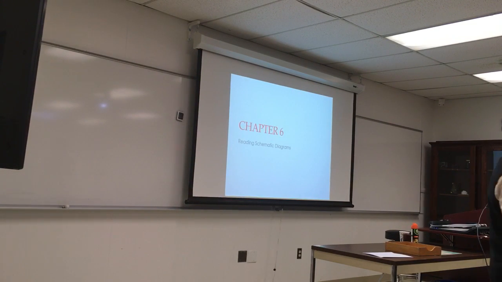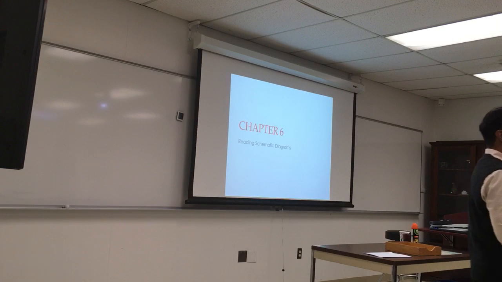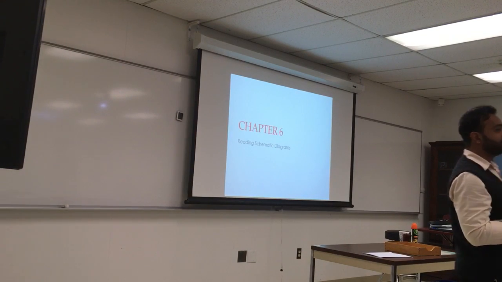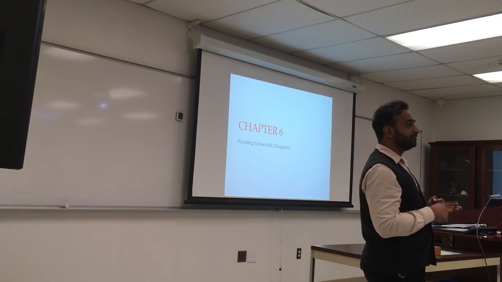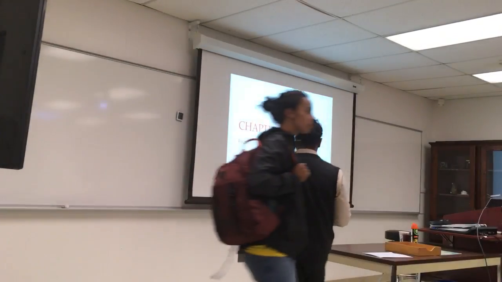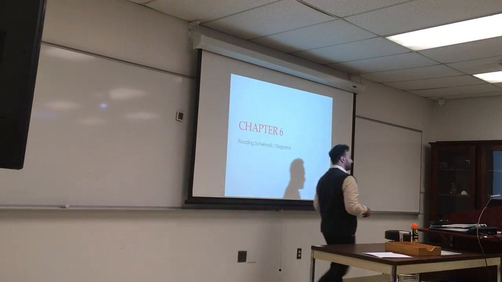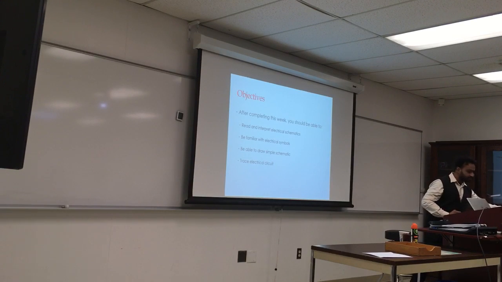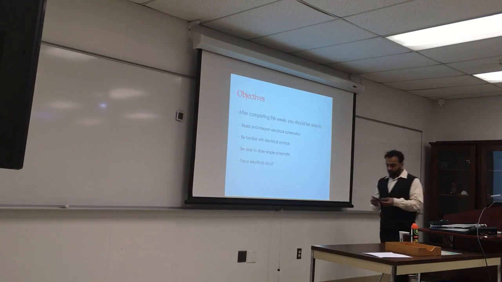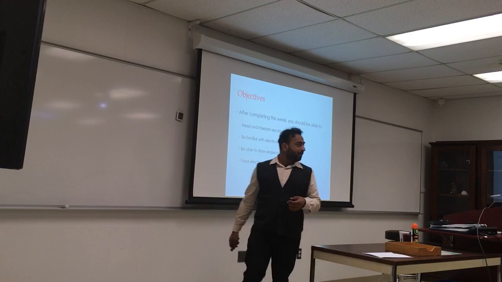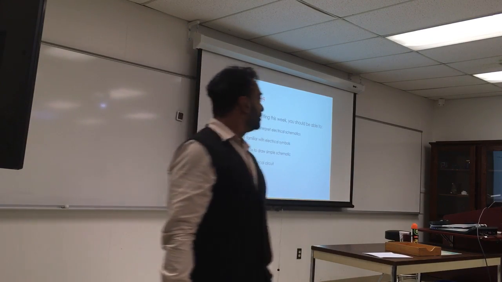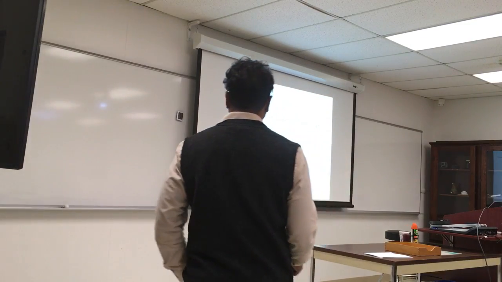Schematics. We talked about 3 types of schematics. What are they? Pictorial, factual, and installation. Some of them are easier than others to read, and some of them have more information than others. So we'll talk about how to read and interpret electrical schematics.